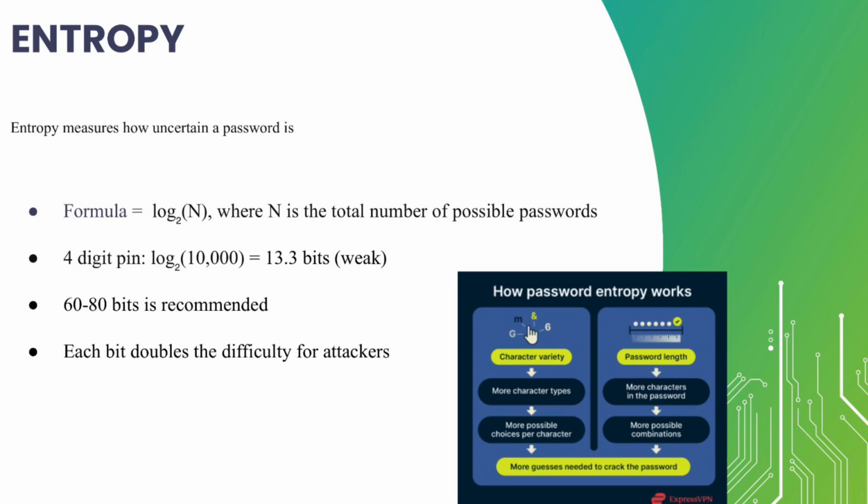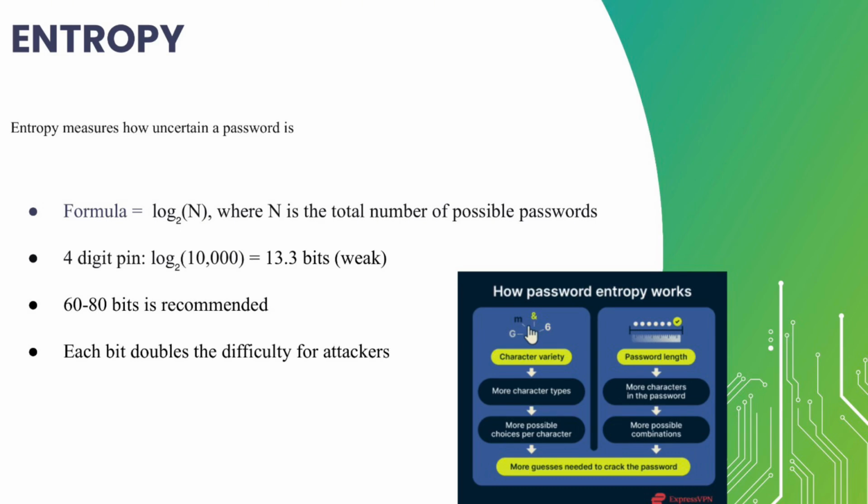The formula for entropy is log base 2 of N, where N is the total number of possible passwords. Each bit doubles the number of possibilities. A password with 1 bit of entropy has 2 possibilities. 2 bits has 4 possibilities. 10 bits has about 1,000 possibilities, and so on.